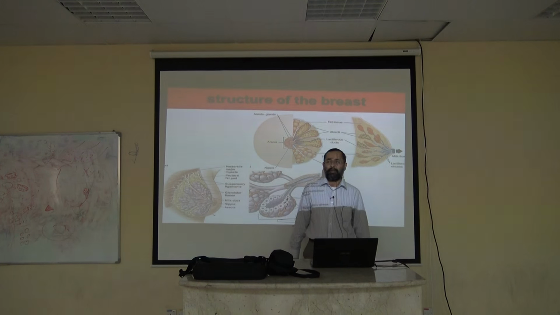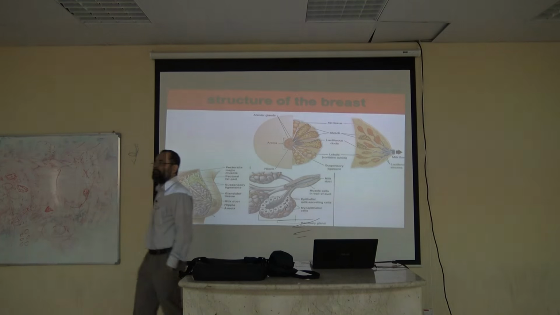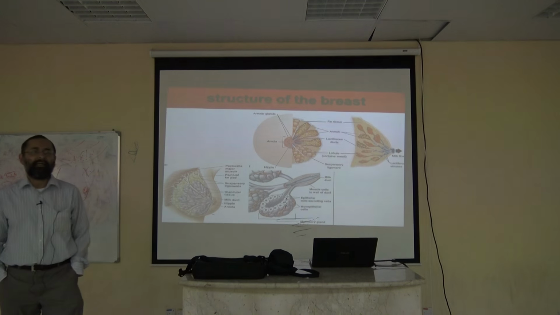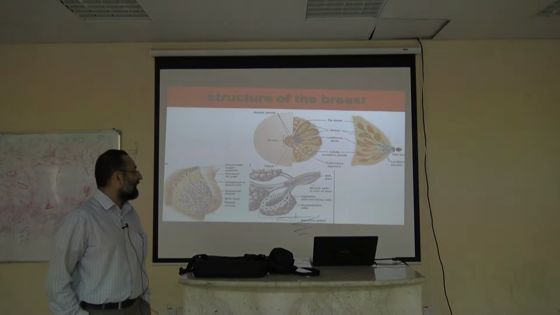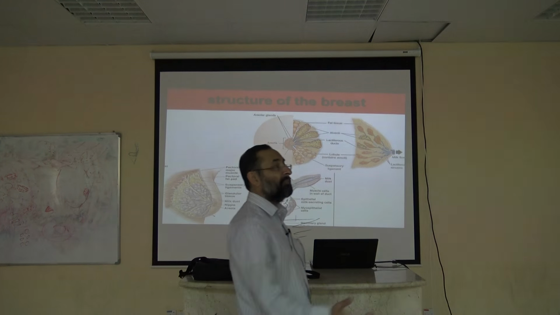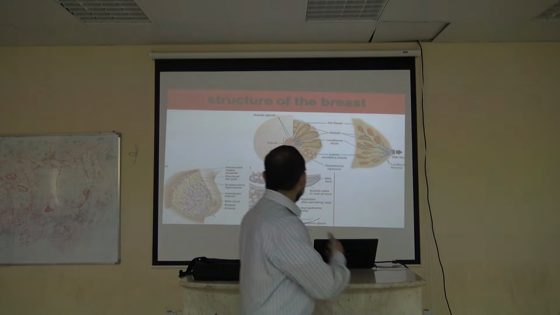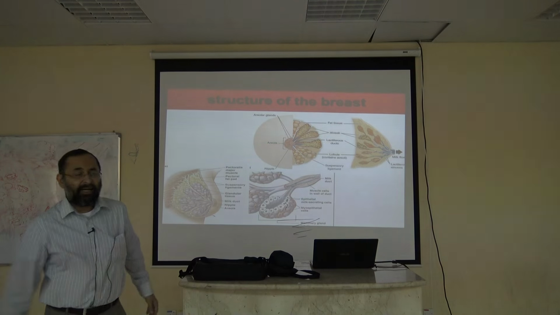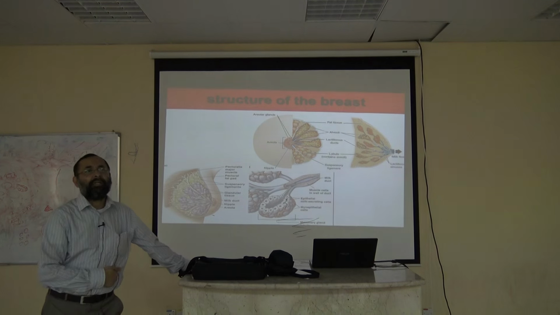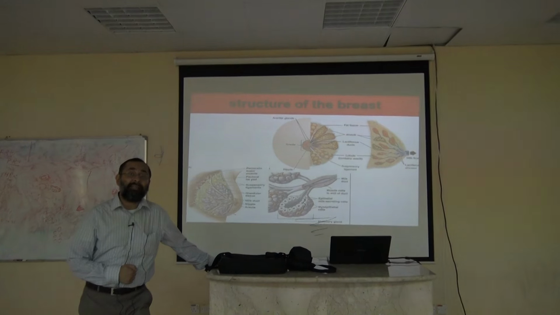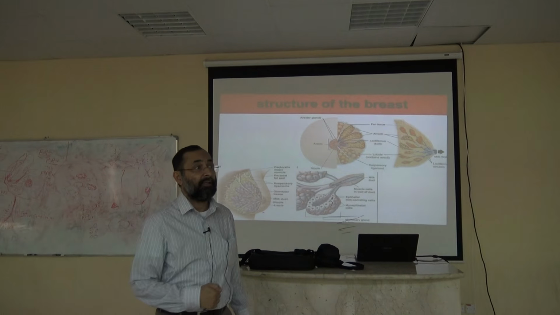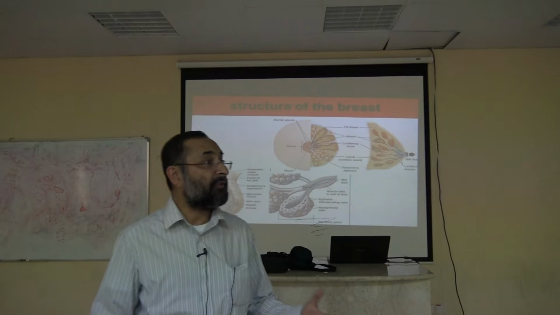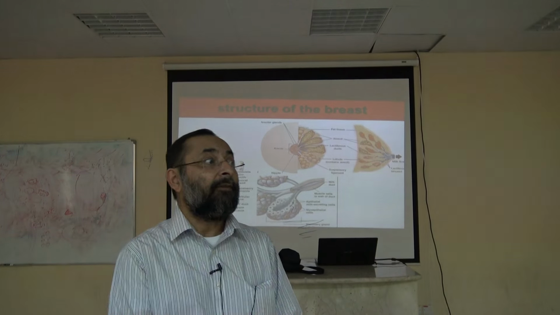I'm sure you are familiar with the anatomy of the breast tissue, that it's a complicated modified gland derived from sebaceous glands, and an adult breast has a typical morphology. It has the stroma and the parenchyma. The stroma is the supporting connective tissue, and the fat which is there.